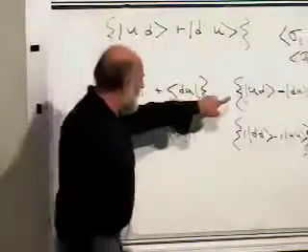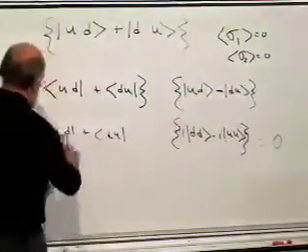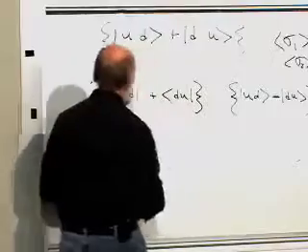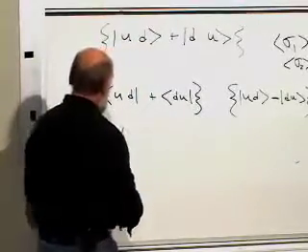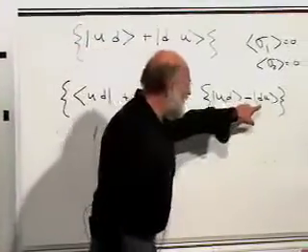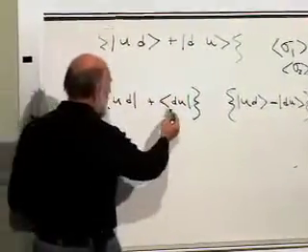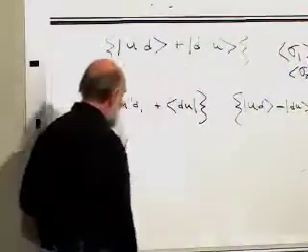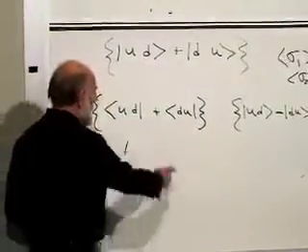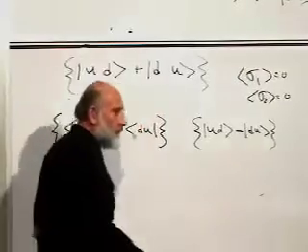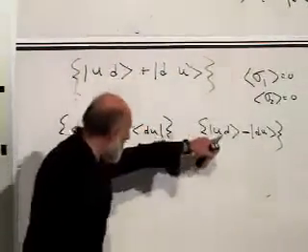What's the inner product of up, down with up, down? 1. What's the inner product of up, down with down, up? They're different situations. 0. Down, up with up, down? 0. And down, up with down, up is 1, but there's a minus sign.